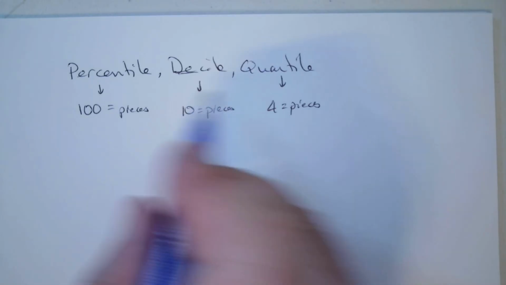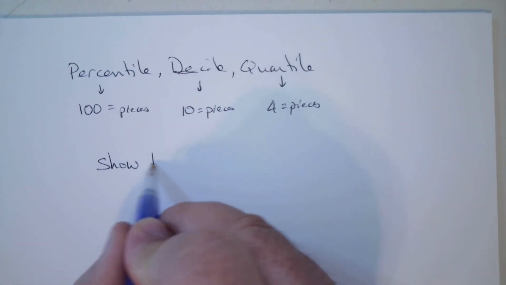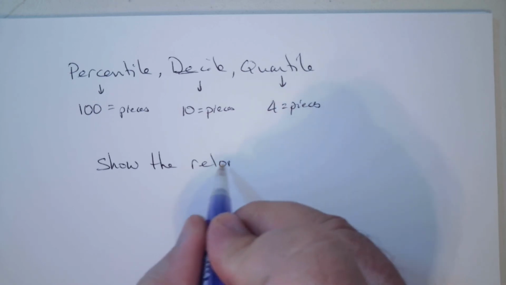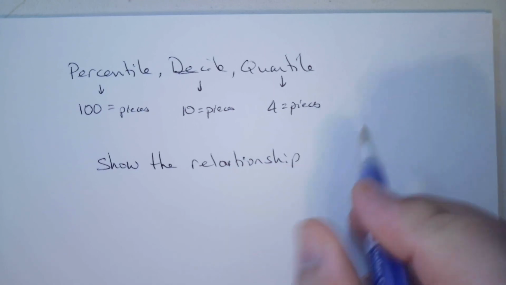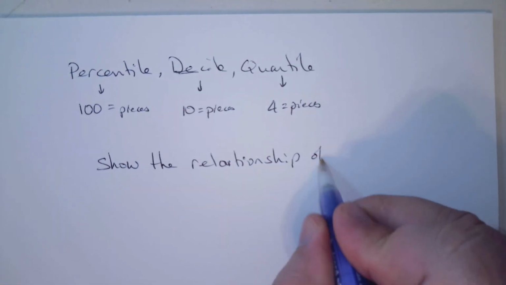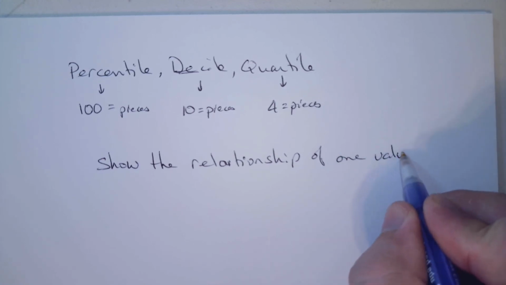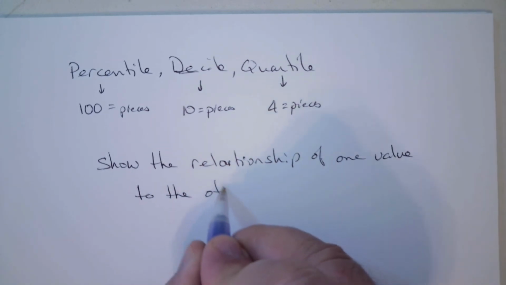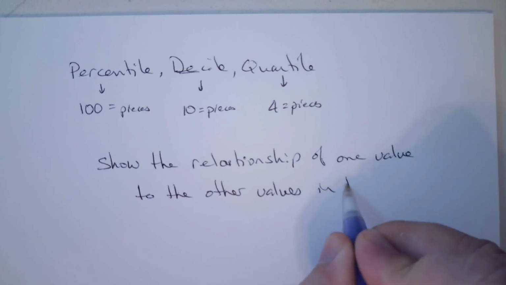What these do is they show the relationship of one value to the other values in the data set.